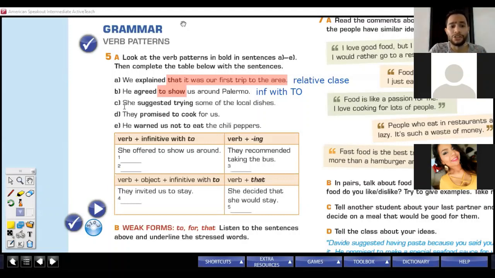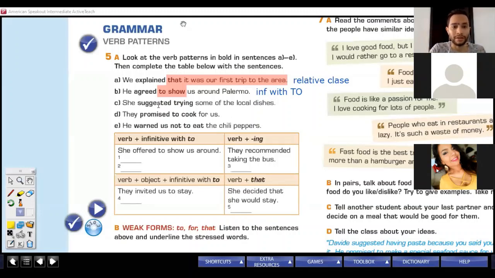"She suggested trying some of the local dishes." Now, last week in the last class, when we were speaking about reported speech, we saw this verb, right? Suggest. And I told you that there are two different versions.